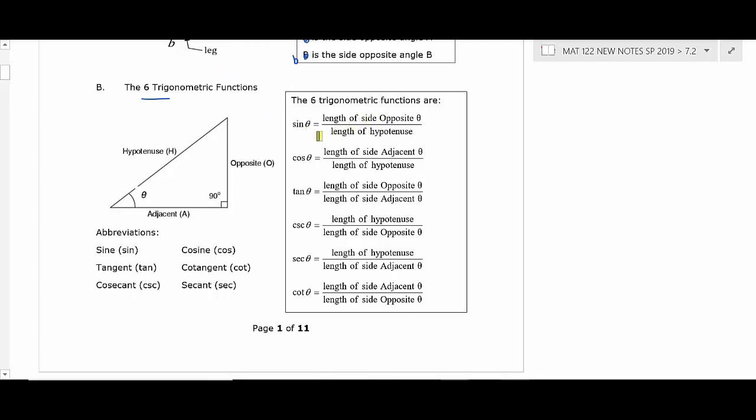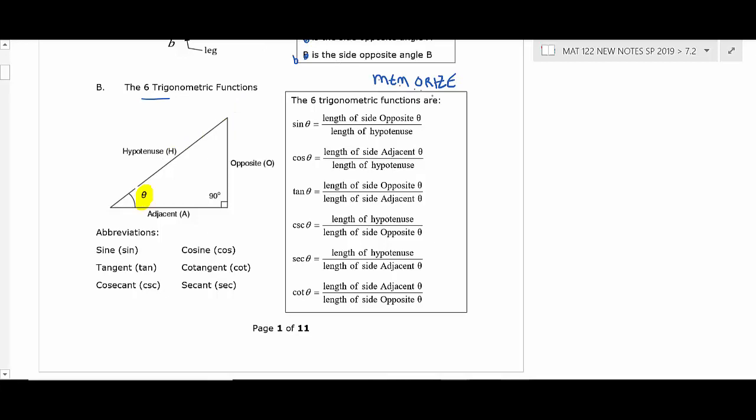You want to know these definitions, and you do need to memorize these. I don't give you these things, and in trigonometry there are a lot of things you have to memorize, so you're going to have to get used to that. In relation to angle theta, the sine is defined to be the side opposite over the hypotenuse.